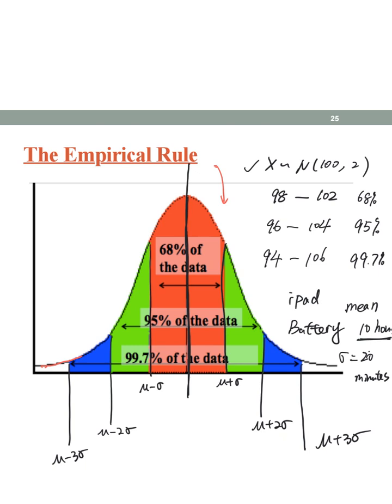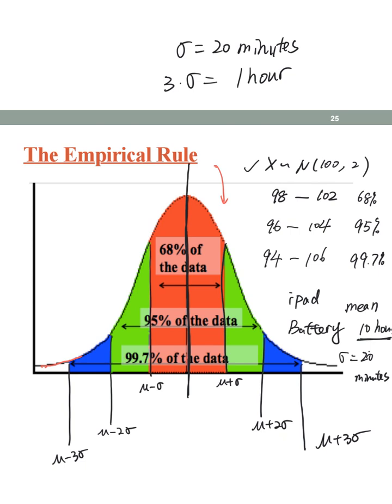So we can get a quick conclusion: around 99.7% of the iPads can last more than 9 hours. Because if we use 3 standard deviations, and standard deviation is equal 20 minutes, so 3 multiplied by 20 minutes is equal 1 hour.